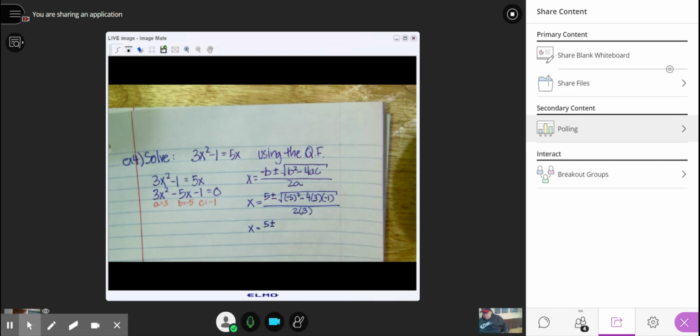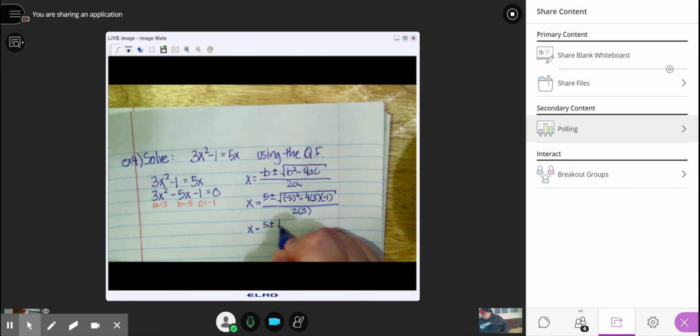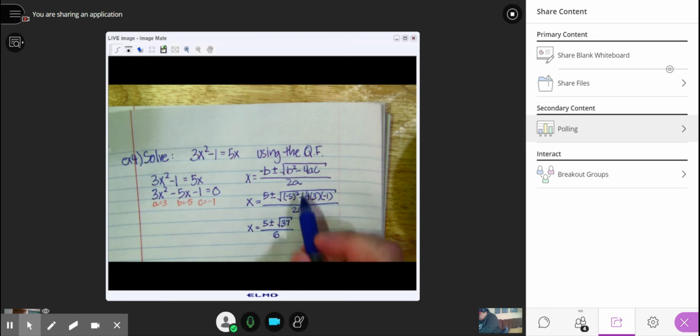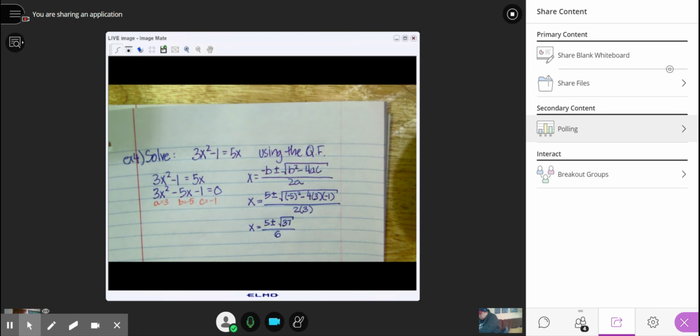I'm going to use my calculator to determine what's underneath the square root here. So negative 5 squared minus 4 times 3 times negative 1. I'm going to get the square root of 37 all over 6. Now, can we simplify the square root of 37?